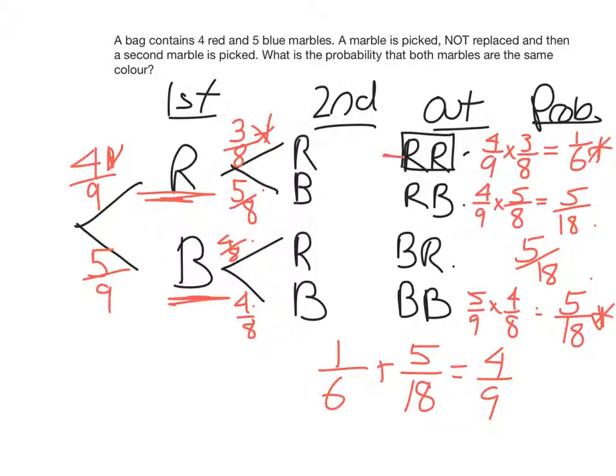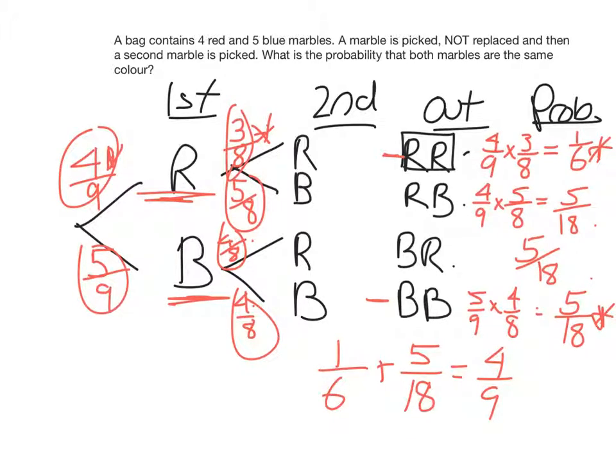I added these together, just like I did in the previous video. The only difference between this tree diagram and the one I did in the previous lesson is these probabilities on the branches. They change. Everything else is exactly the same as a tree diagram when the item is being replaced.